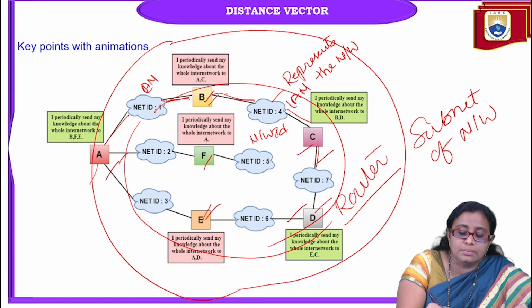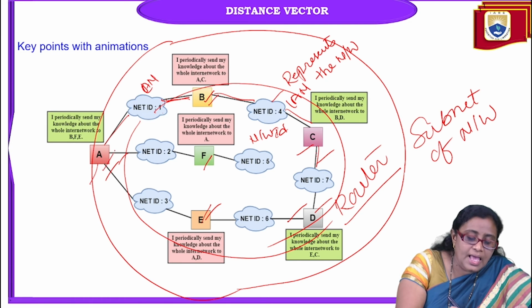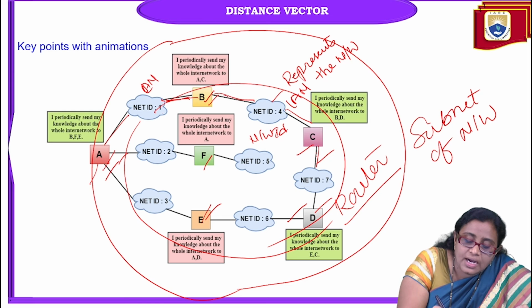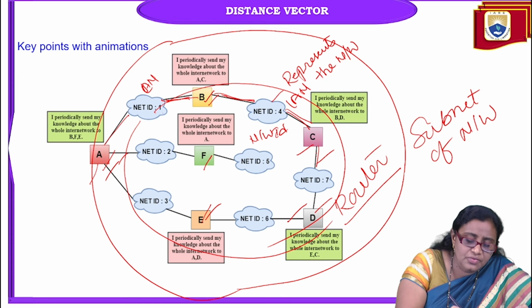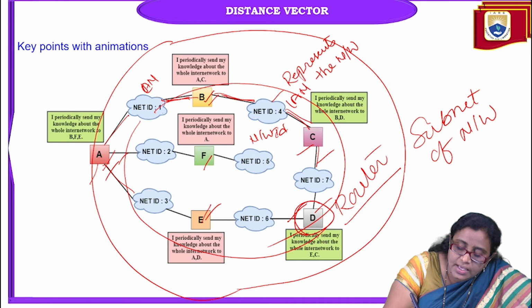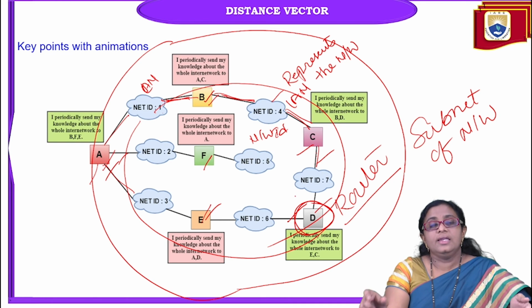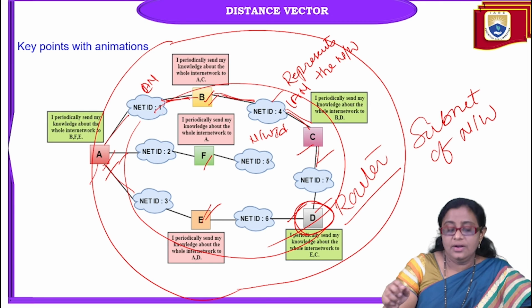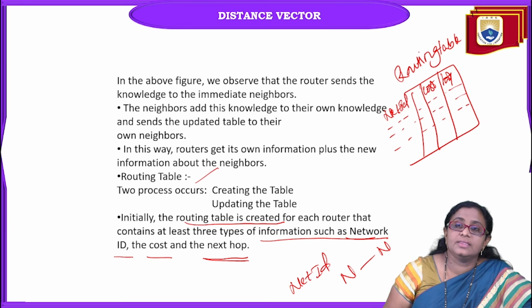By these multiple links, one network is able to share the information it holds with other networks very easily. Whenever this information reaches its destination node, the least path or lowest path can be determined very easily. This is creating the table.